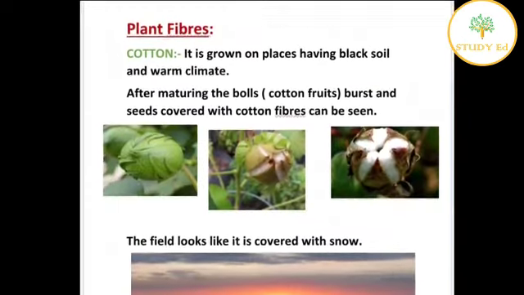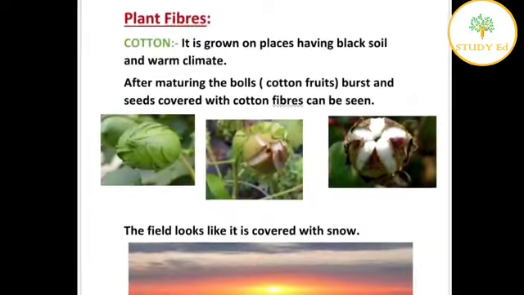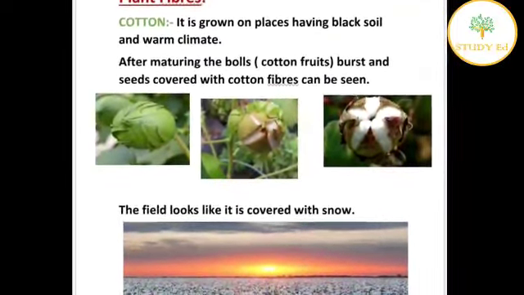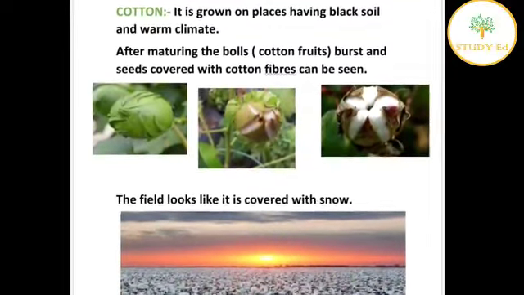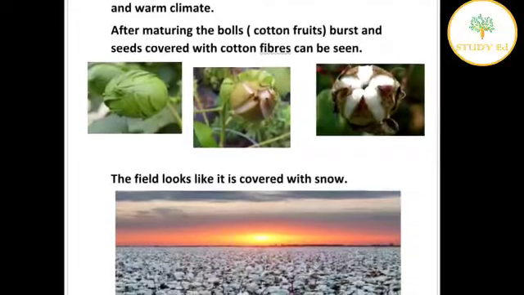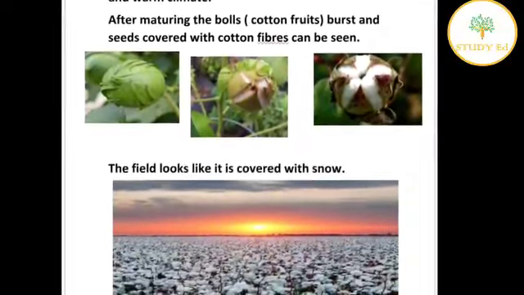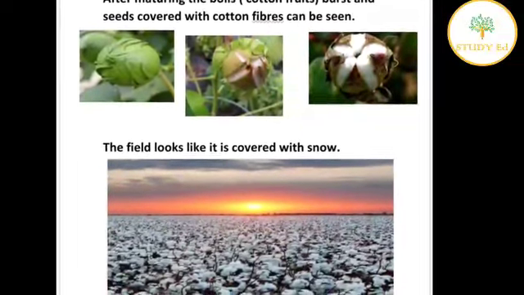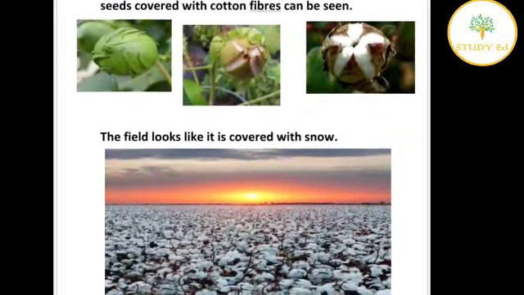Let us see some plant fibers. Number 1 is cotton. Cotton plants are usually grown at places having black soil and warm climate. We can extract cotton fiber from the fruit of a cotton plant, which is lemon size and is also known as cotton bolls. These bolls burst open and the seeds covered with cotton fibers can be seen.